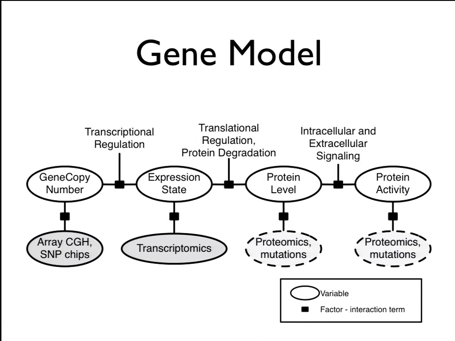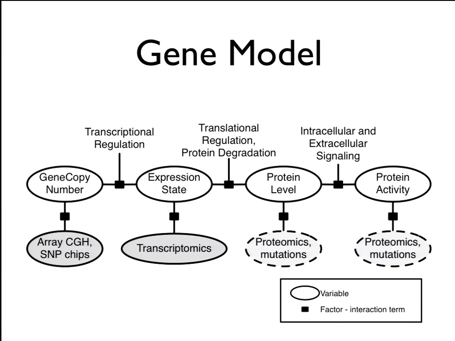So we need to include this information when we're thinking about how all this data comes together into one big picture. We need to know what the transcriptional regulation is that is controlling the difference between these two hidden nodes. And particularly in cancer, we know that signaling is a big part of it, and we need to be able to incorporate what's going on with all the signaling.